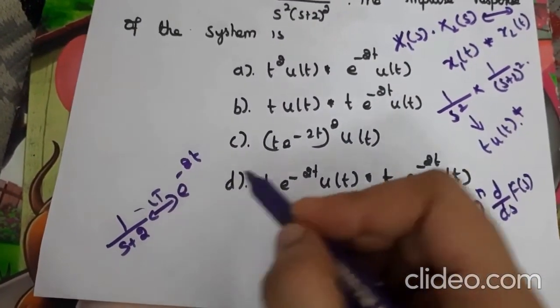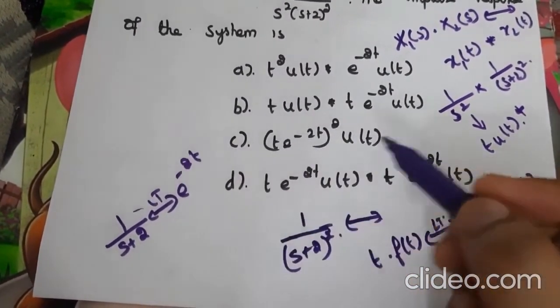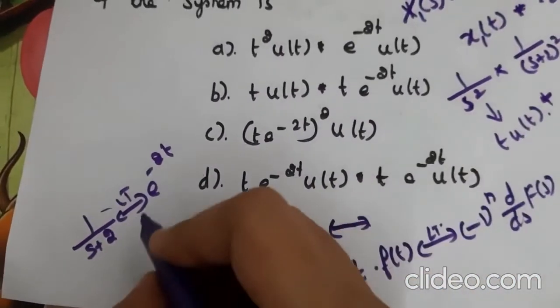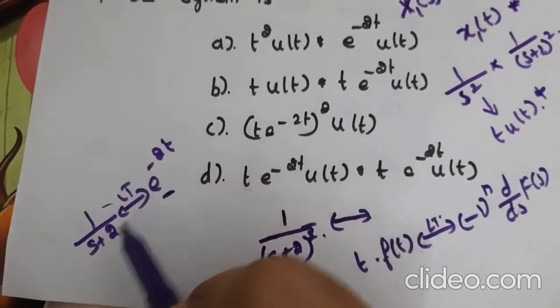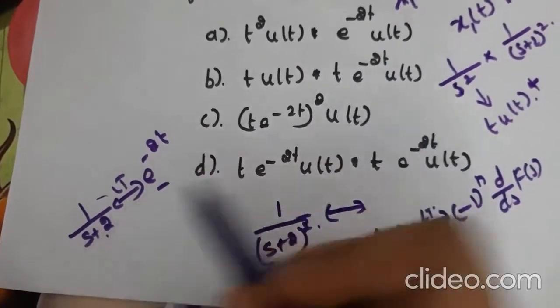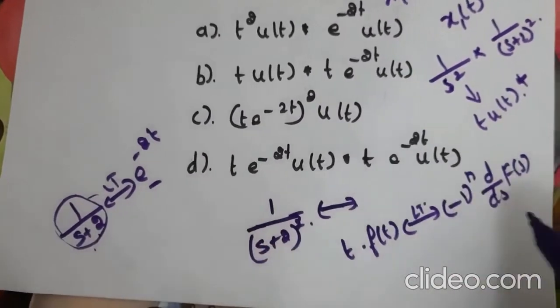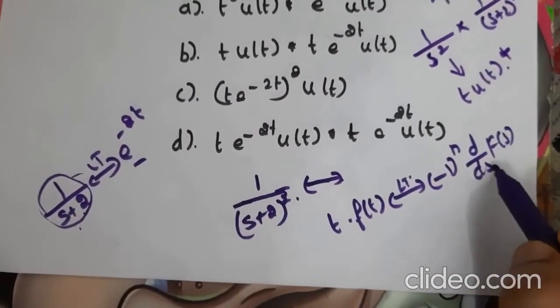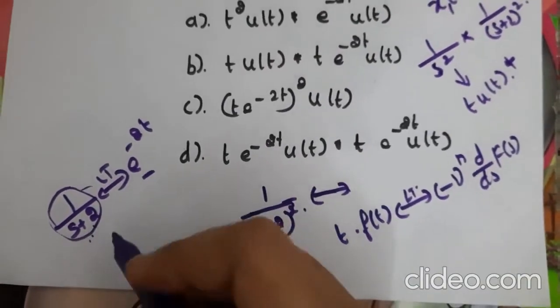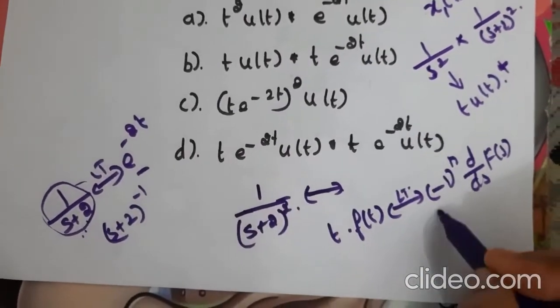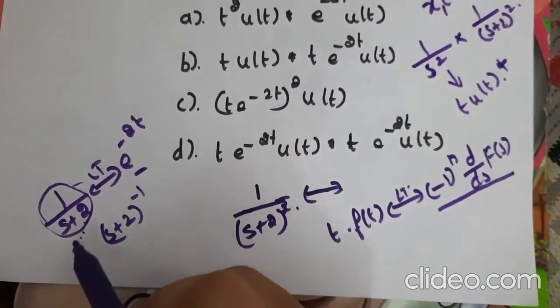So try the differentiation of this. If you are considering this, the Laplace transform is 1 by s plus a. So just differentiate this, and we will get s plus 2 power minus 1.